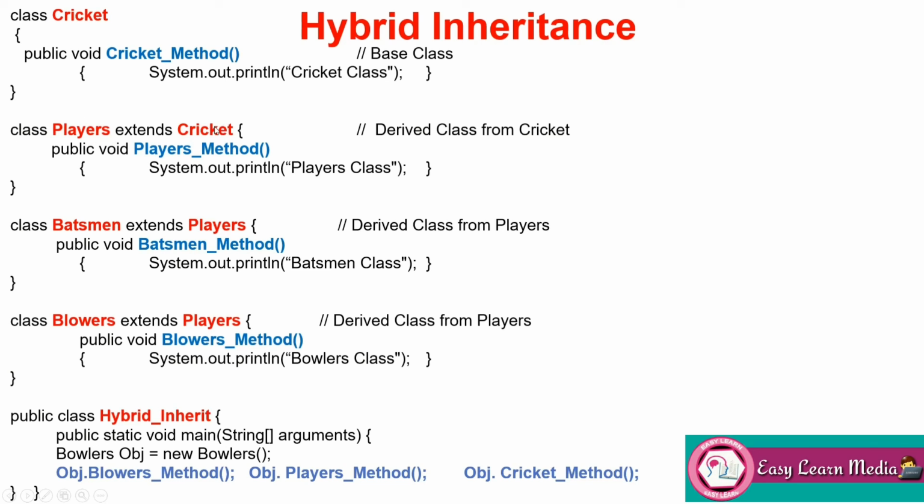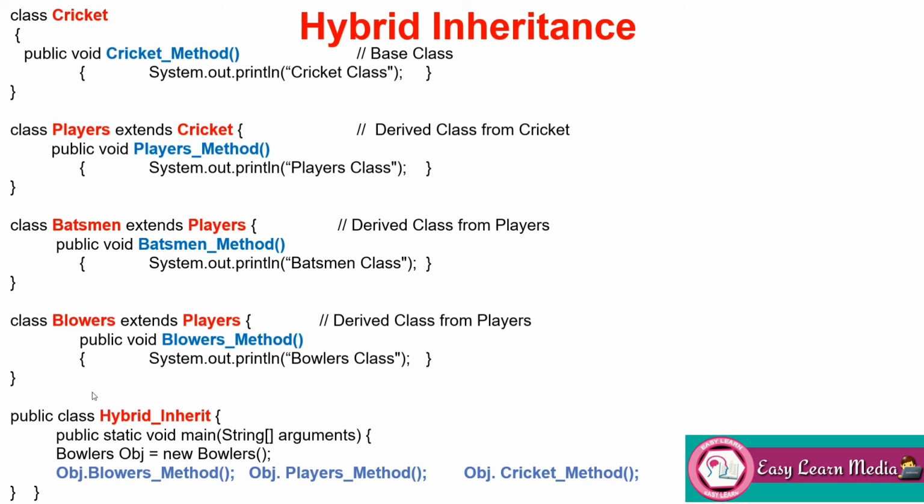So the Cricket class consists of Player, and the Player class consists of Batsman as well as Bowler. Here we have created an object only for the Bowler class, so we can access all the remaining methods with the help of this Bowler class. If you create an object for this Bowler class, we can access all the methods of the Batsman class as well as the Player class as well as the Cricket class.